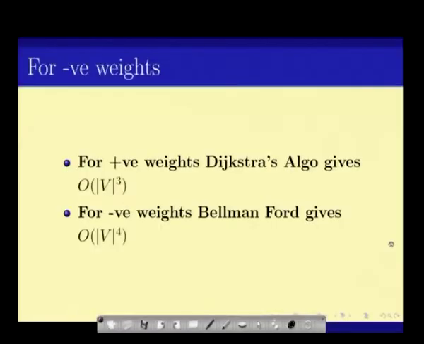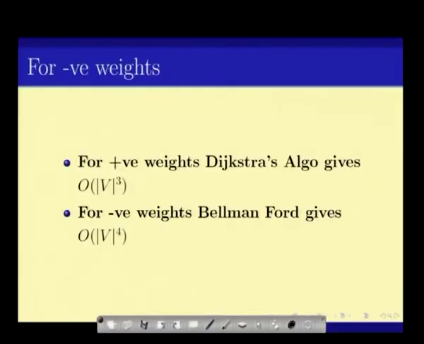Now, one obvious thing that can be done is that, since Dijkstra's algorithm and Bellman-Ford algorithm will find the shortest path of any vertex from a particular given vertex u, I can run Dijkstra's algorithm or Bellman-Ford algorithm from various of these u's.